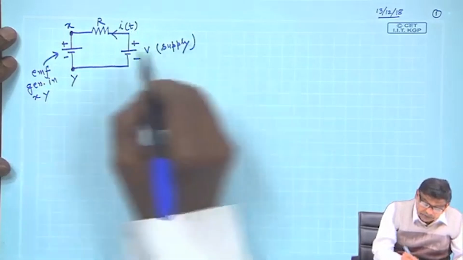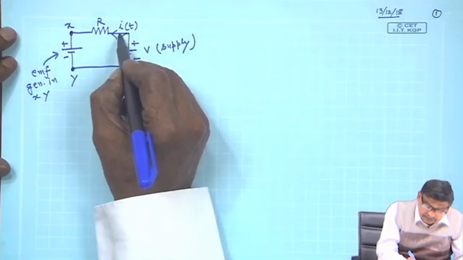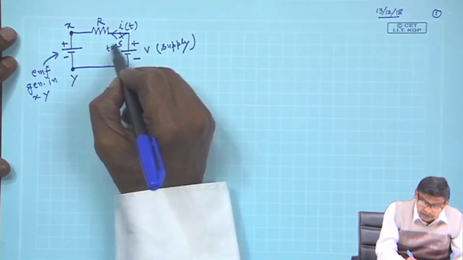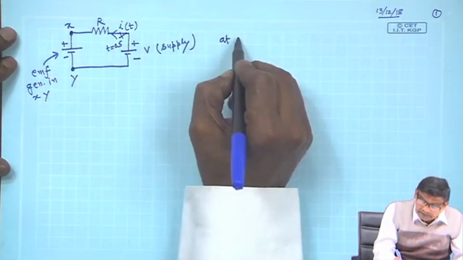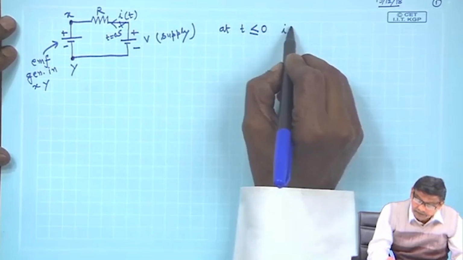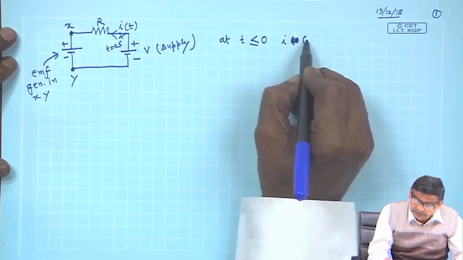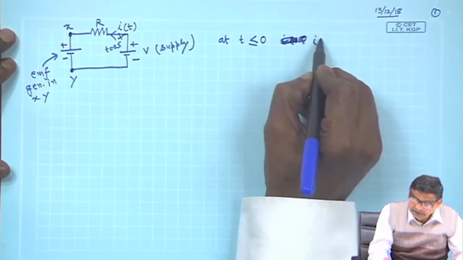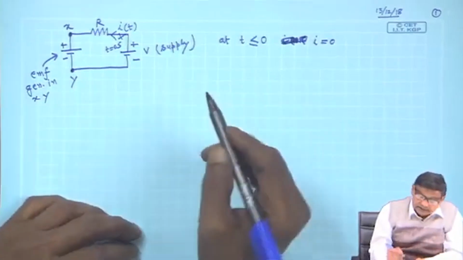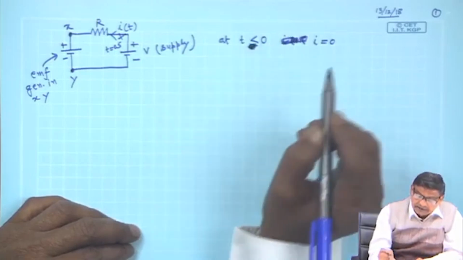And as I told you, there was a switch S here, which I have closed at t equal to 0. So, for t less than or equal to 0, i was 0.